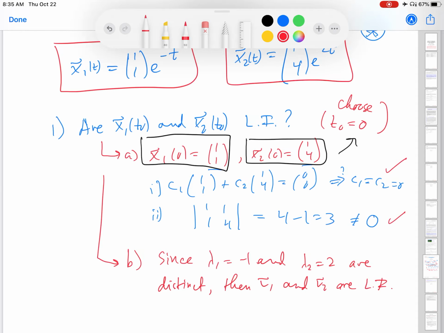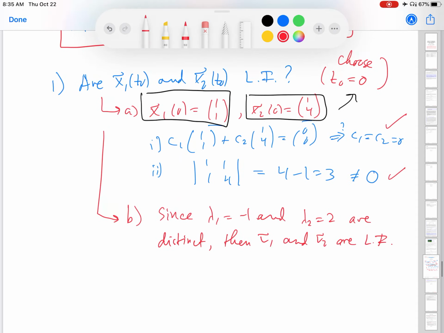So once again, we answer this question: are they linearly independent? Yes.